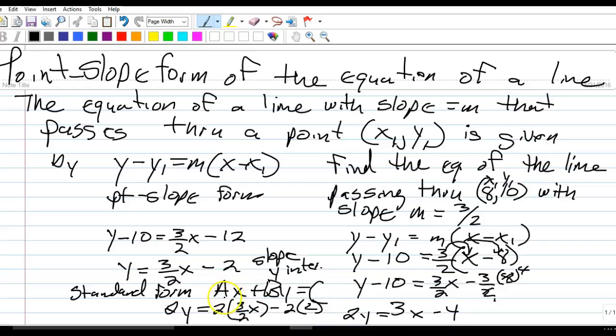Now it's not quite in the form ax plus by equals c. I want the x term followed by the y term equal to the constant term. So I need to transpose this to the opposite side. If I do that, that gives me minus 3x plus 2y equal to negative 4.